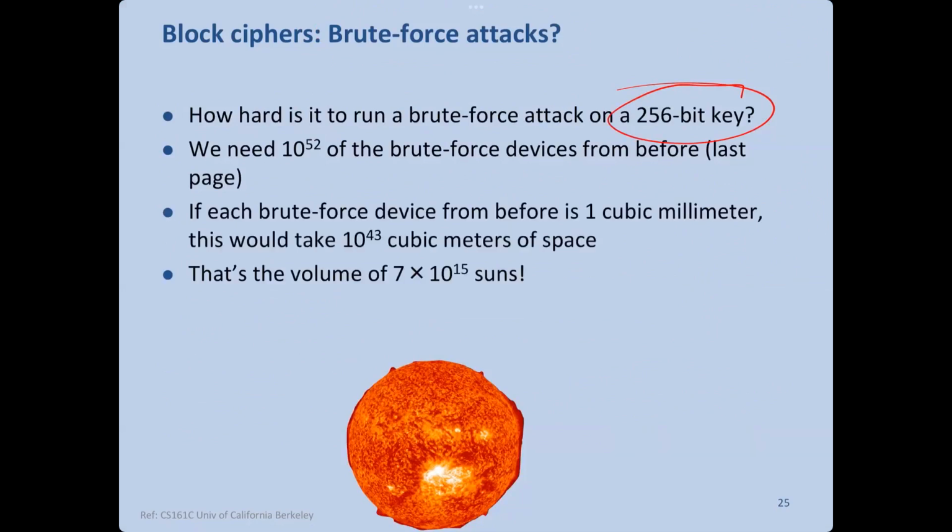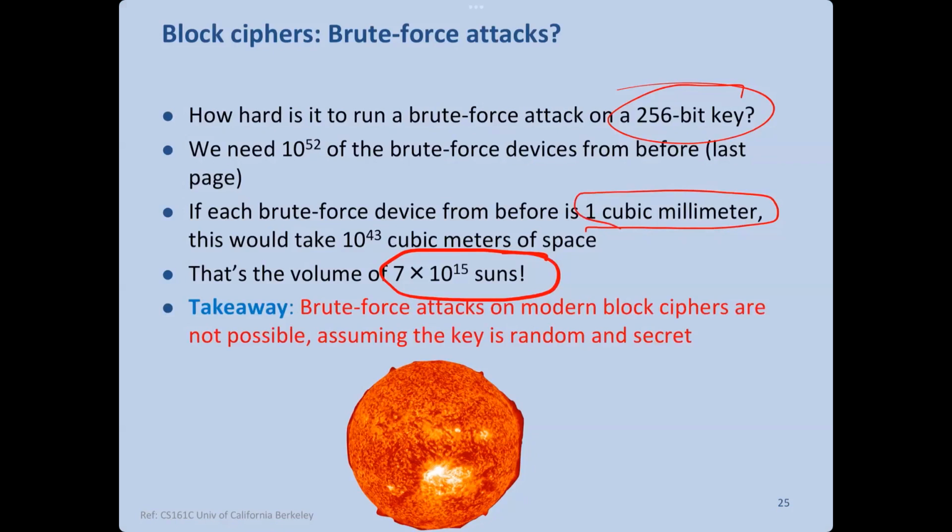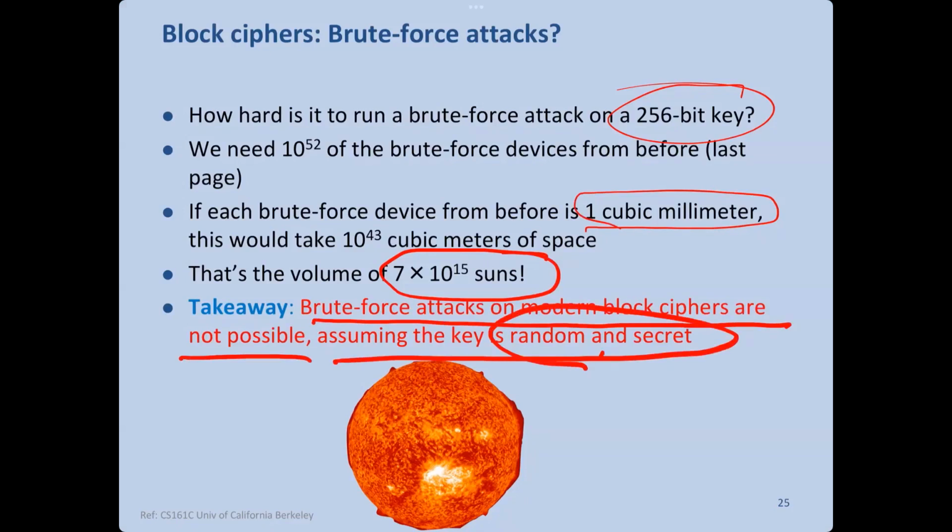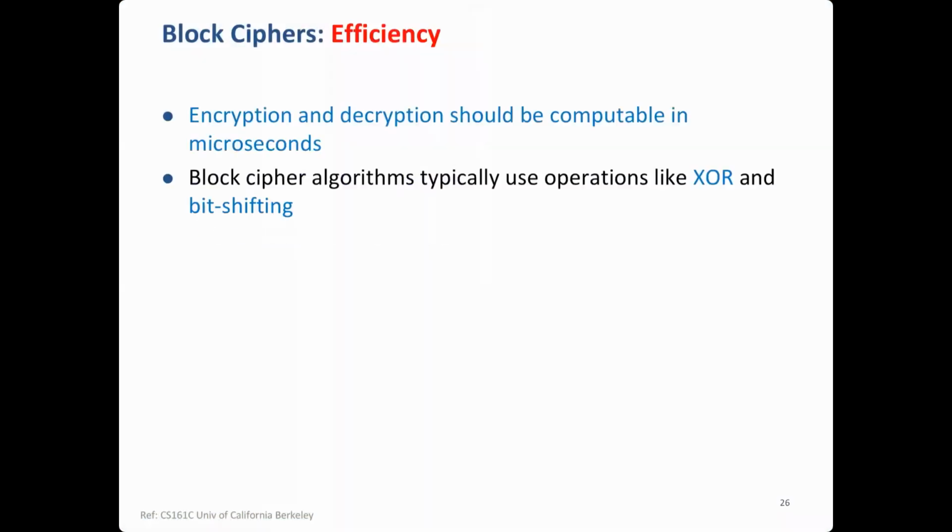Now you'll see that the volume of those computers, the number of computers, will be equivalent to 7 times 10 raised to 15 suns, while each computer takes just 1 cubic millimeter. All right. So brute force attack on modern ciphers is not possible, assuming the key is random and secret. That's an important point.